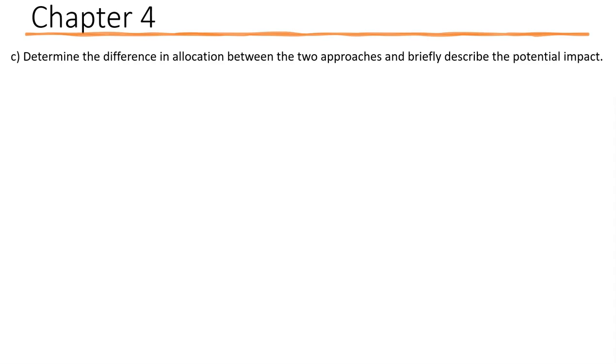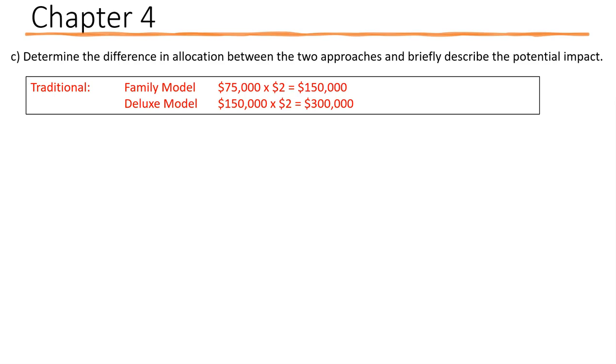Now, if we determine the difference in allocation between the two approaches, for the traditional, we're going to take the $2 per direct labor dollar and just use that to apply. So that looks like this. The family model has $75,000 of direct labor cost.